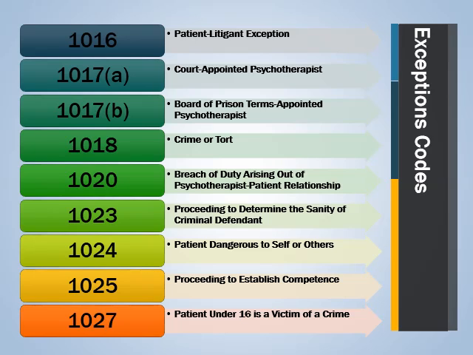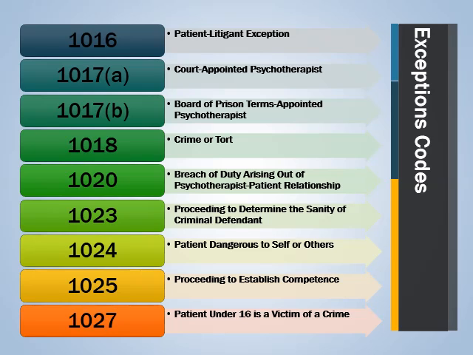1017 A and B are basically that if it's a board of prison terms or court-appointed therapist, no privilege. 1018, if there is a crime involved, no privilege. 1020, if there's a breach of duty in the relationship, no privilege. 1023, proceedings to determine sanity, no privilege. 1024, the big one, patient's danger to self or others. 1025, a proceeding to establish competence, no privilege.